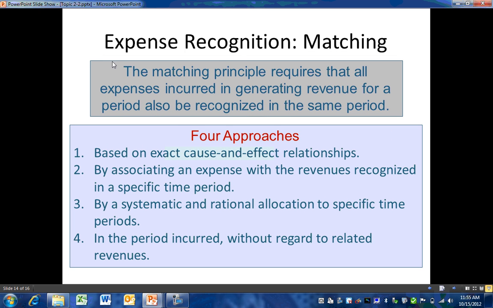The other key principle is the matching principle, which tells us when we're going to recognize expenses. And matching says that all expenses incurred in generating revenue will be recognized in the same period. Cost of goods sold is one of our expenses, and that is based on this first approach, a cause and effect.